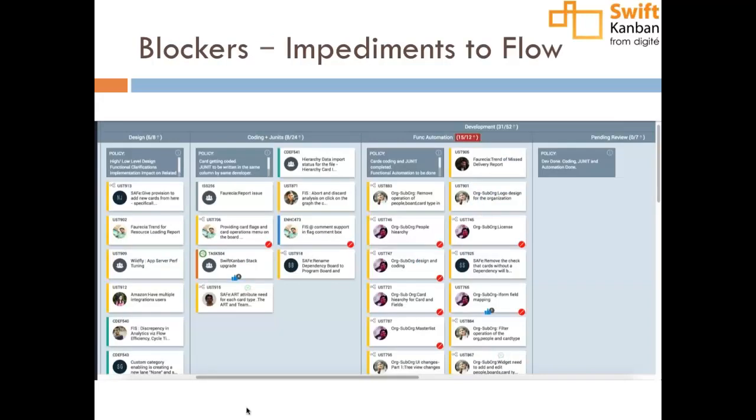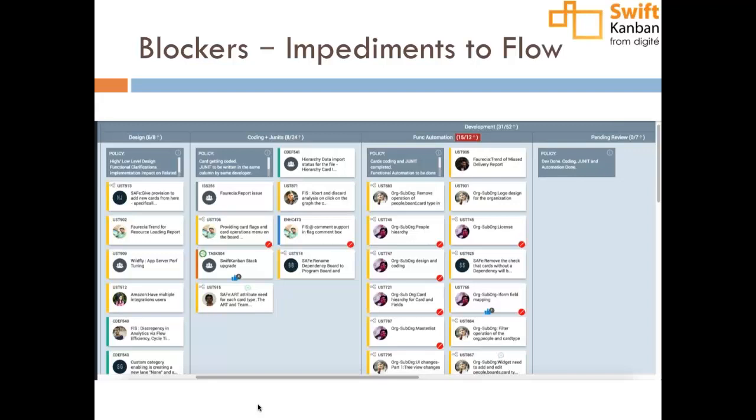I'm going to quickly go through some of these slides because some of these are probably being used quite well already. Blockers, the use of blockers as a way to indicate to the team that there is a problem with some work being done and that the person who is blocked needs help, is, I think, a fairly common usage of the Kanban board.